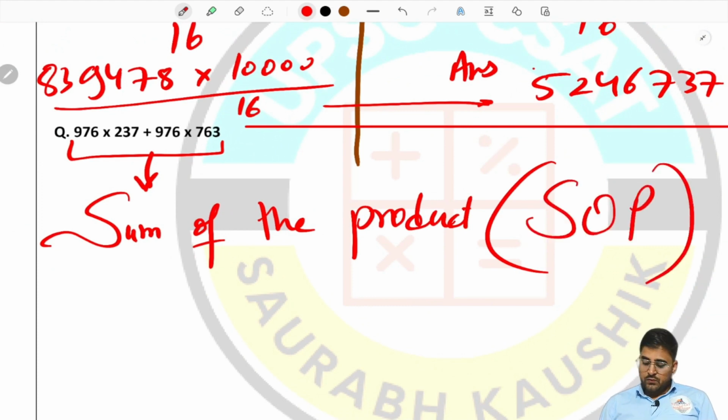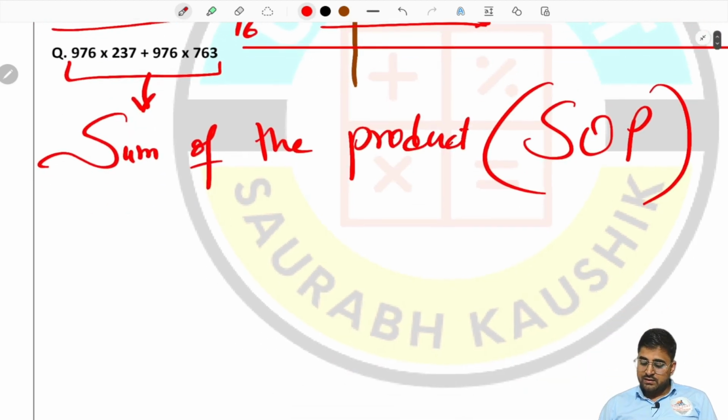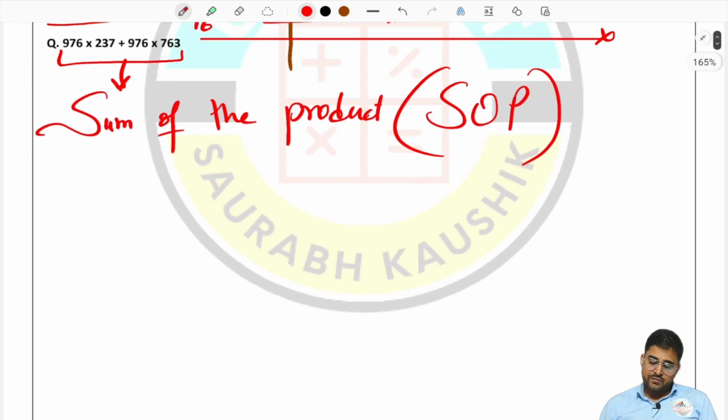Okay ji. What is the sum of the products? You have some numbers which are in multiples and you have to add them, so they are called the sum of the products. Okay ji, you give us a very literal meaning. Is that sufficient? No, we have to solve it now.